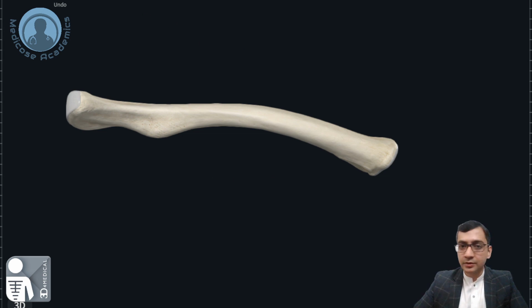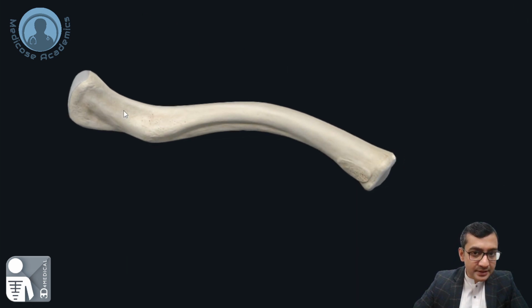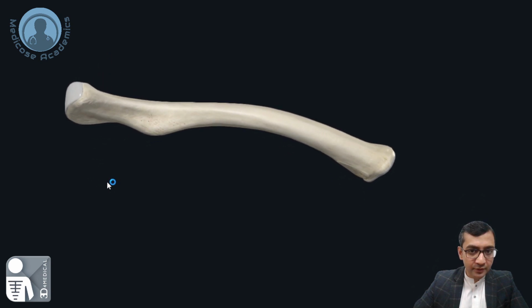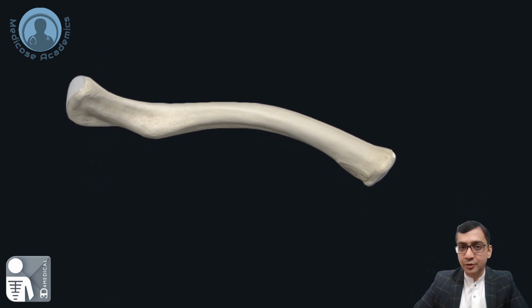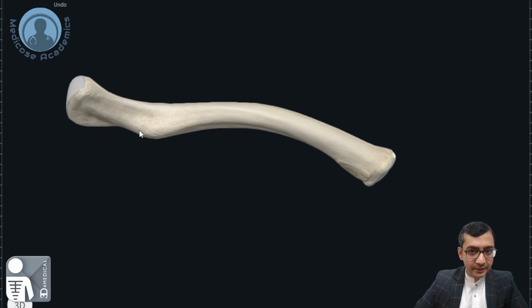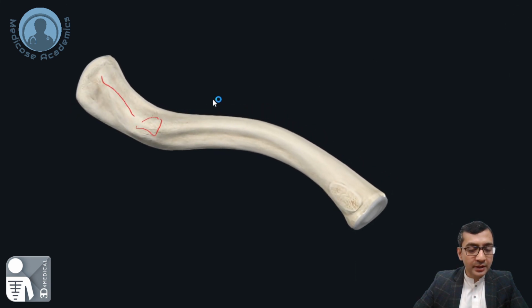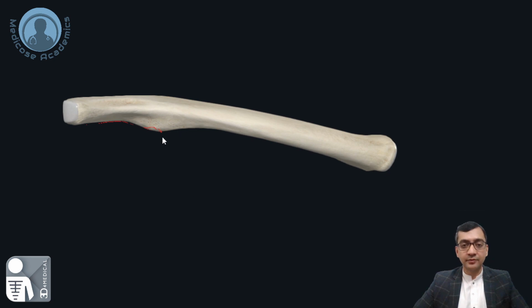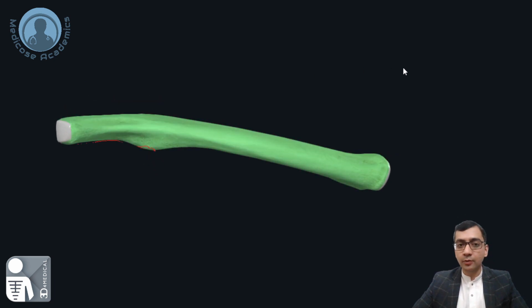Just lateral to it, there is this raised line, you can feel it right here. If I tilt it, you can feel it right here. Let me show you again. This is the conoid tubercle, and this ridge is the trapezoid ridge. So these are the things that will help you distinguish the superior from the inferior surface.